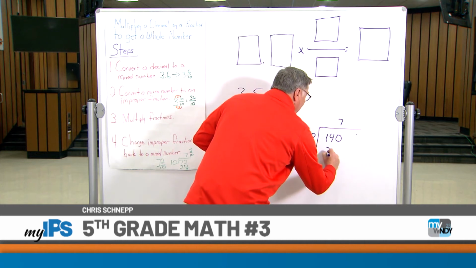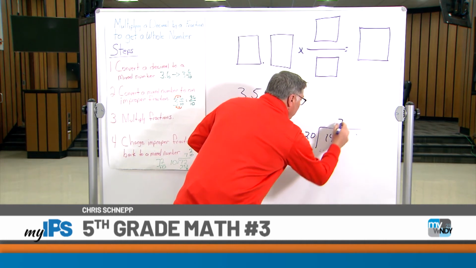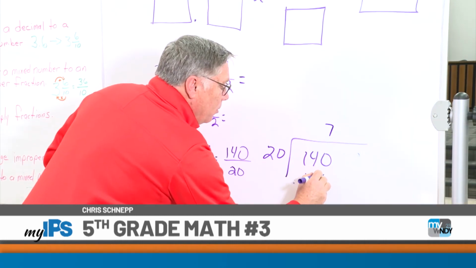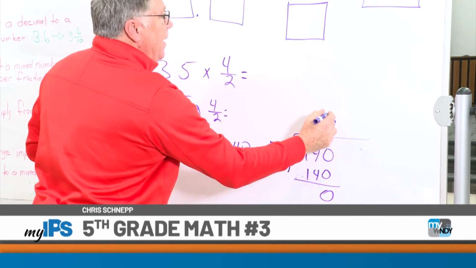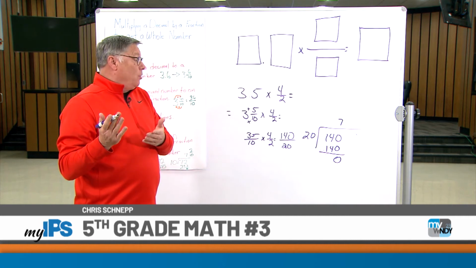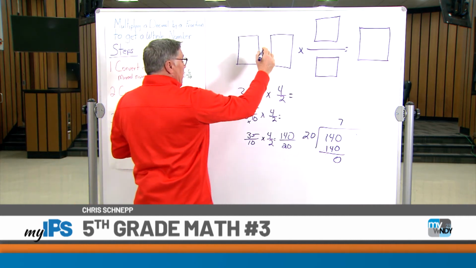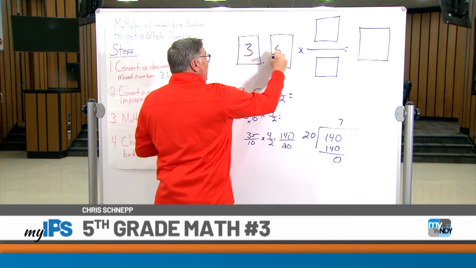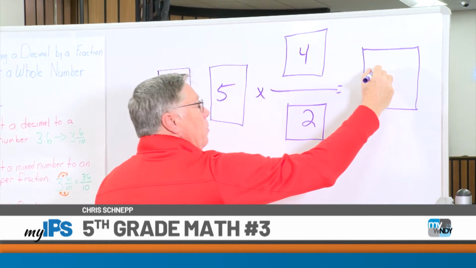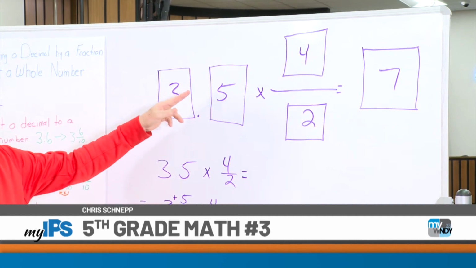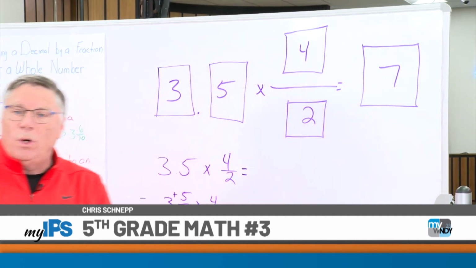So I multiply 7 times 20, and I get 140. All right, no remainder. My answer is 0. So I have the correct solution. I have 3 5/10 times 4 halves equals 7, and I only used one digit one time.